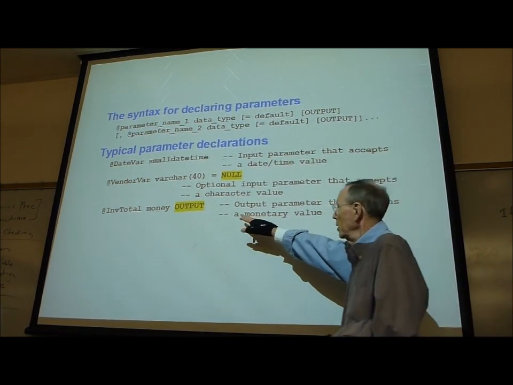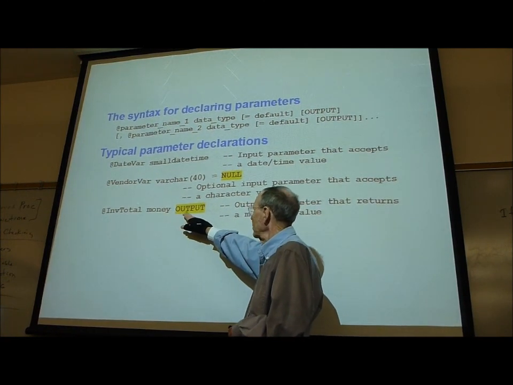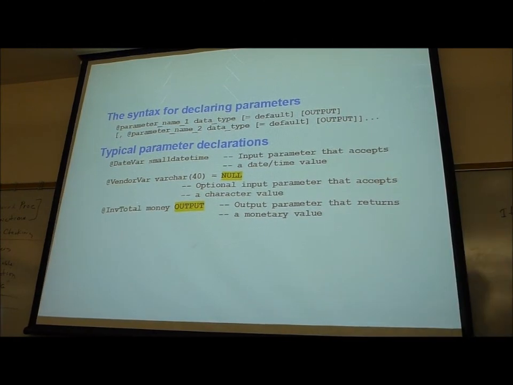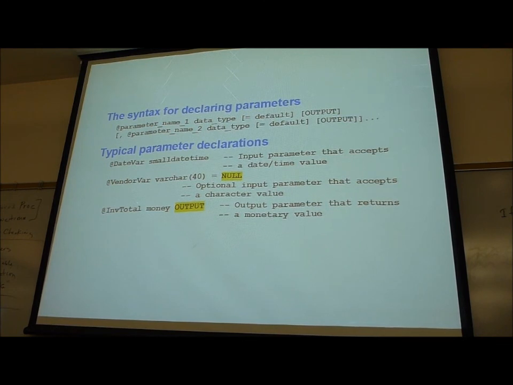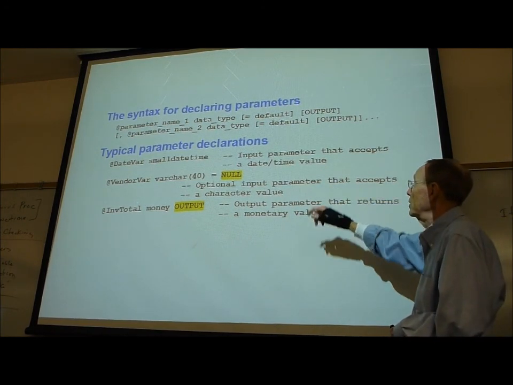Then we have an output variable, and now we have to put the keyword output in there. I'll have some examples in my little script. It looks just like our variable declarations. We've got to specify the data type.